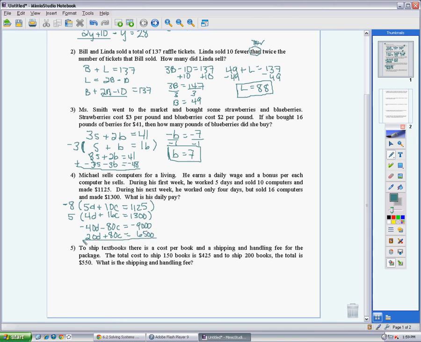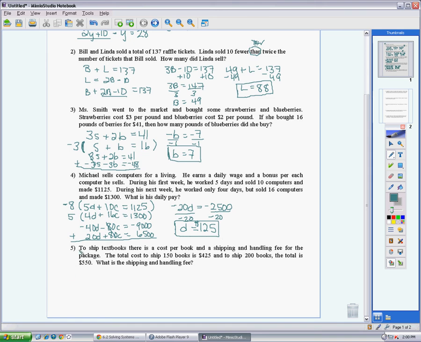Now I'm going to add these together because my C's will cancel out, and I'm left with -20D equals -2,500. Then I divide by -20, and his daily rate is going to equal $125. So he's getting paid $125 per day.